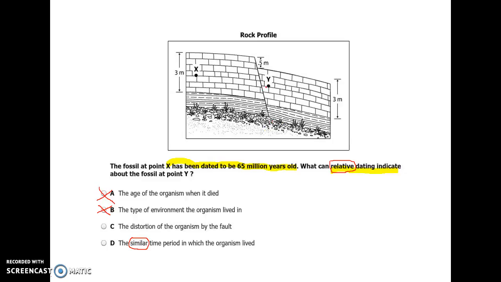But looking at point X is not going to tell us if the little snail at point Y has been smushed or otherwise distorted in some way. So we're left with the choice that we had considered before, which is letter D, the similar time period in which the organism lived.